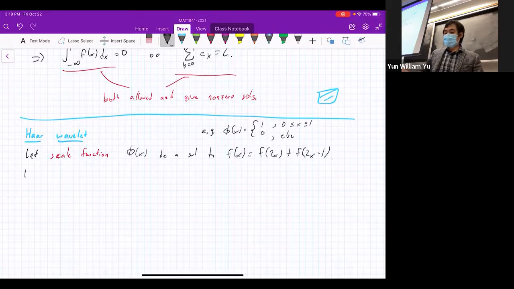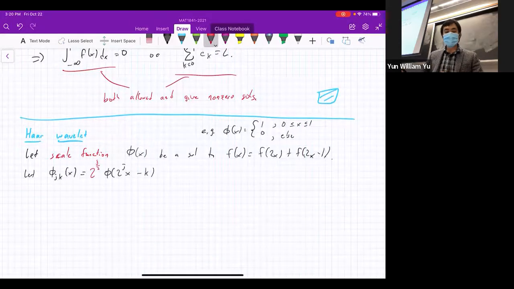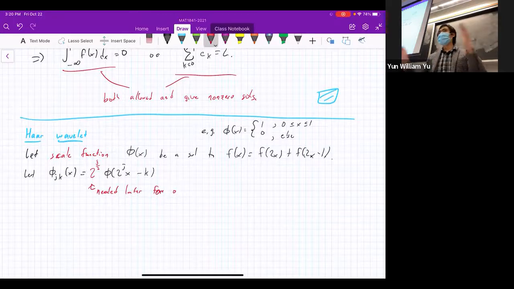And we're going to define shifted and scaled versions of this. Phi sub jk of x is going to be equal to phi of 2 to the j x minus k. And note that we'll throw in a factor of 2 to the j over 2. This is going to be needed later for the orthonormal basis, but it's just easier if we don't worry about that scale factor.